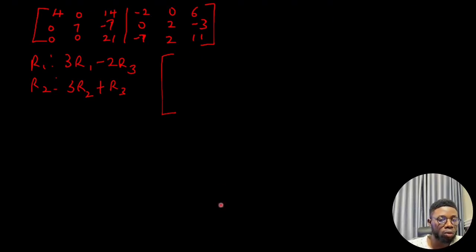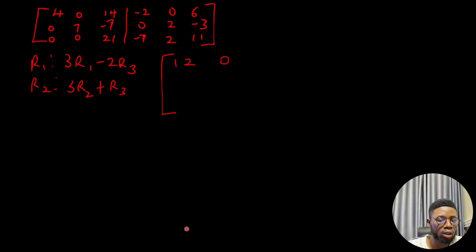So for row 1, we have 3 multiplied by 4, which is 12. Then minus 2 multiplied by 0, which will be 0 as well. So that will be 12 as the first element in this place. The next one is 3 multiplied by 0 minus 2 multiplied by 0. That will still give us a 0. So we have 0 in this place.